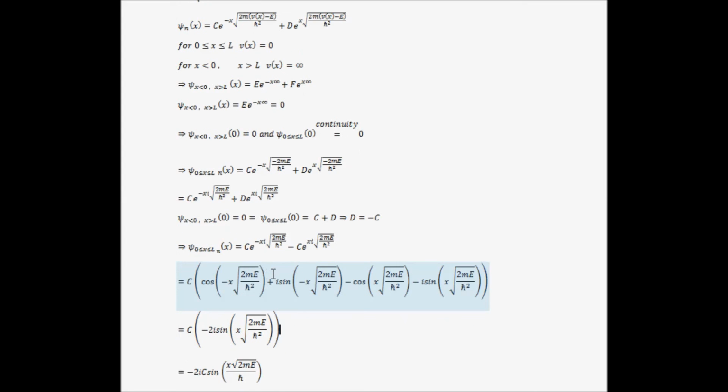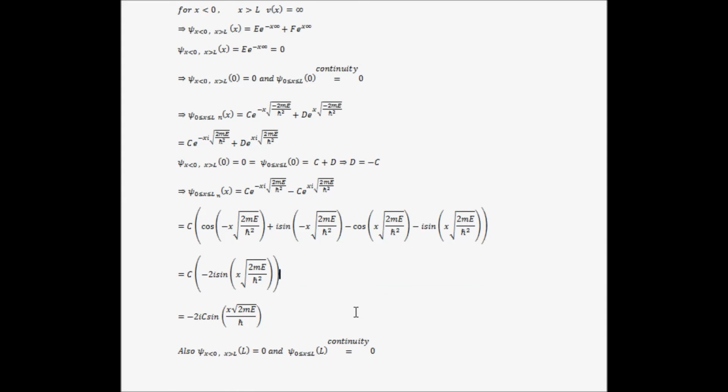Given that continuity condition, the physical condition that it's got to be continuous, this implies that D is equal to negative C. Okay, so by substitution, I'm going to get rid of D by just calling it negative C. At this point, I'm going to use De Moivre's theorem, which allows you to express complex exponentials in terms of sines and cosines. Namely, e to the i theta is equal to cosine theta plus i sine theta, which is what I've done here.